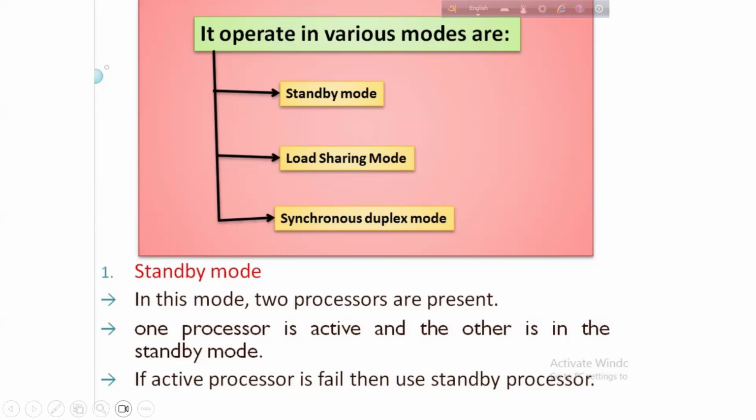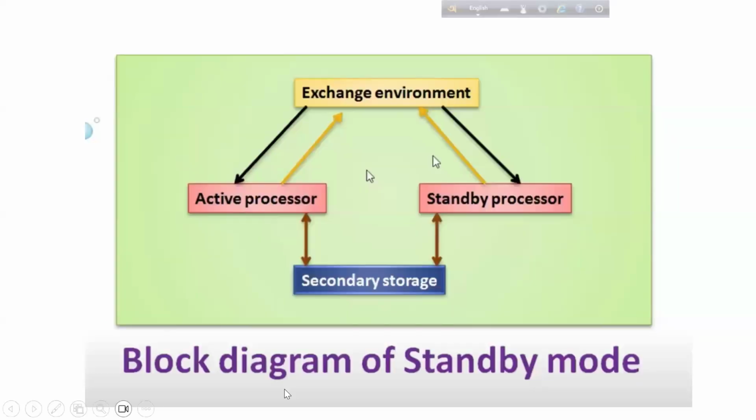Now if the main processor fails for any uncertainty, then the standby processor will be doing the functions. Now this is the block diagram of standby mode. It is the active processor, and it is the standby processor.